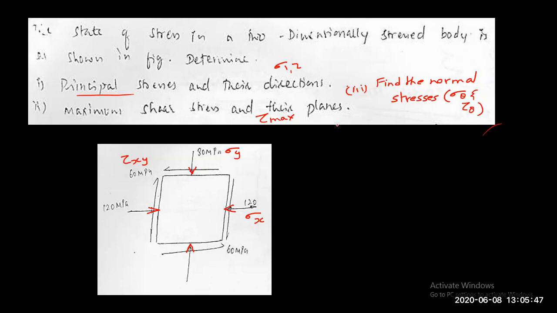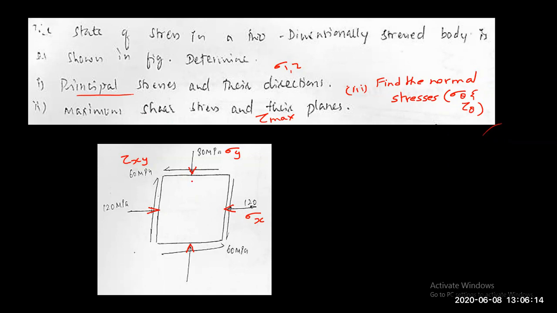The plane at which you need to find is not given, but instead we have the stresses. So since the angle is not given, we cannot find the value here of principal stresses. So that being said, some angle should have been given in case of normal stresses, right?